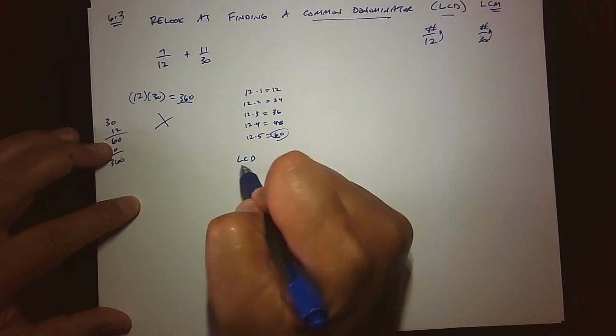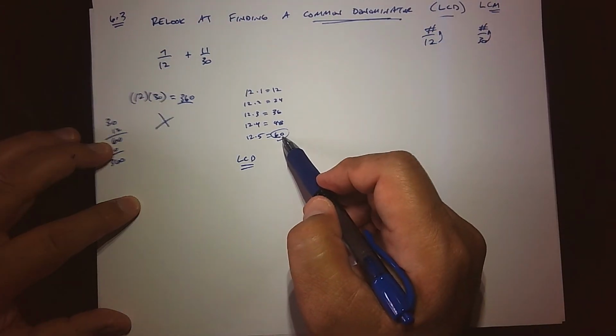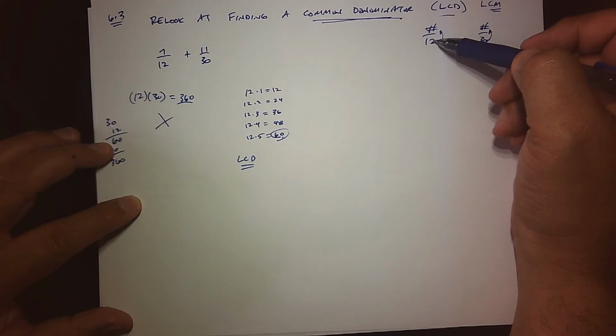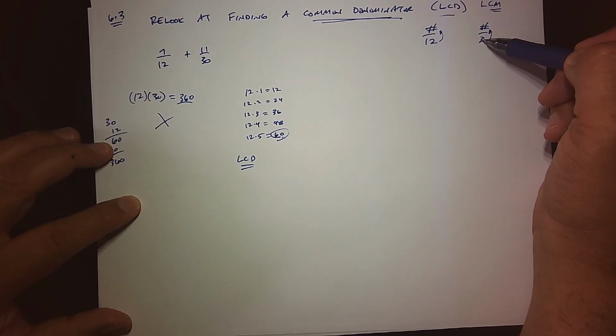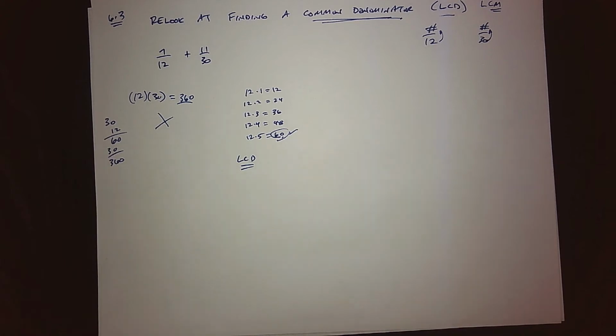Not only is 60 common, it's both divisible by 12 and divisible by 30. So there's our LCD, the number that's common to each. And then we can go through our equivalent fraction work and get to business.